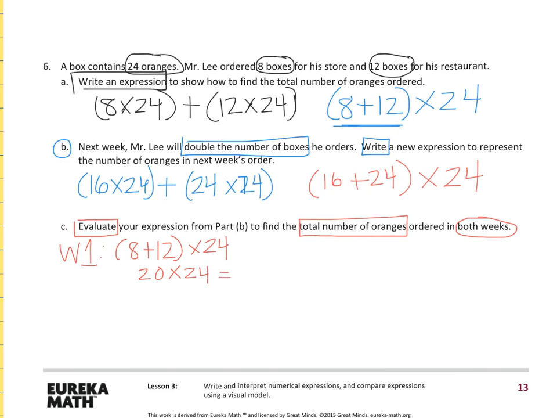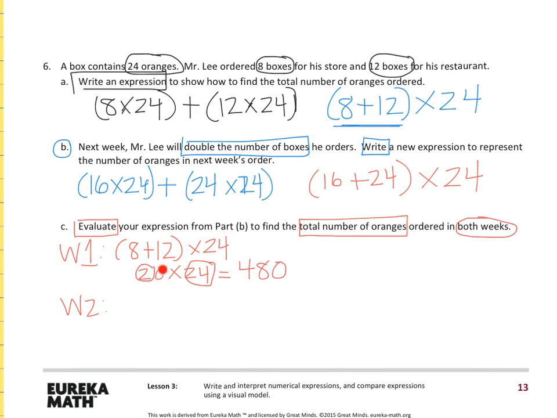And I'm going to do some mental math. I know that 2 times 24, if you take 24 and you double it, you add it together twice, would give you 48. So 20 times 24 would be 480. So for week 2, remember from part B, is that he doubled the number of boxes.